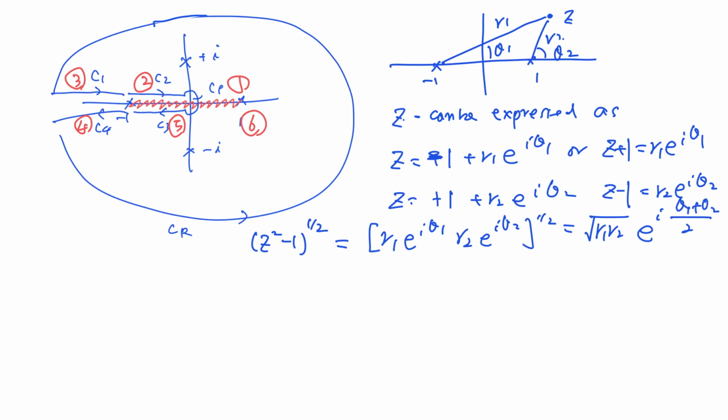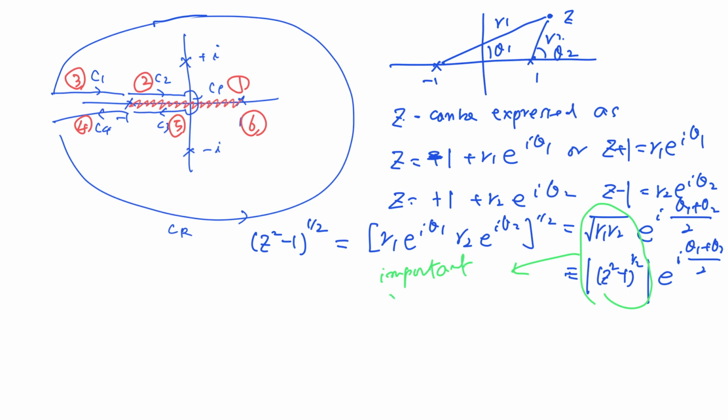And square root of R1 R2 can be written as the absolute value of z squared minus 1 to the 1/2, right? So this is important. This expression is important for later purpose.